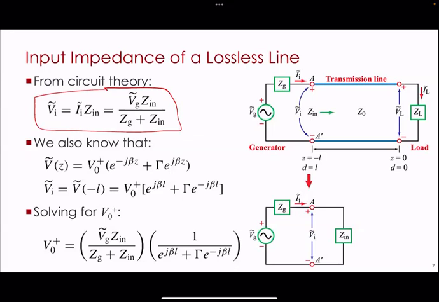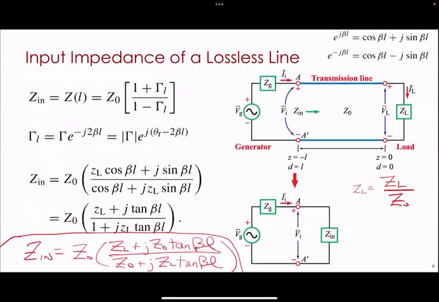We're calling it Z in. And so some of the VG drops across that, and then the rest travels on down, and we've got a few modifying things there, so we just get the V0 plus. All right. We're not going to use this equation too much.